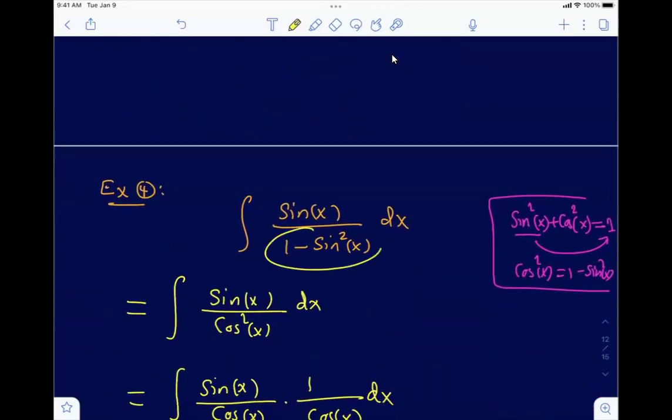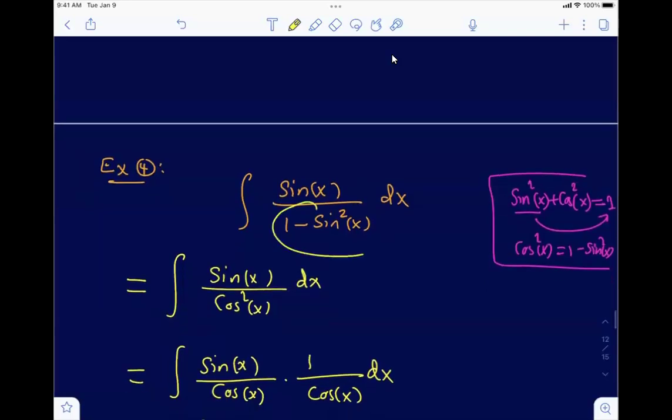Once you have 1 minus sine square, don't forget, that is none other than cosine square. We have seen this many times in trigonometric computations, starting from the first step of trigonometry, that is none other than the Pythagorean identity. So 1 minus sine square is cosine square.